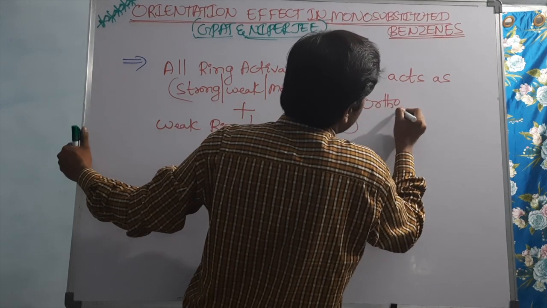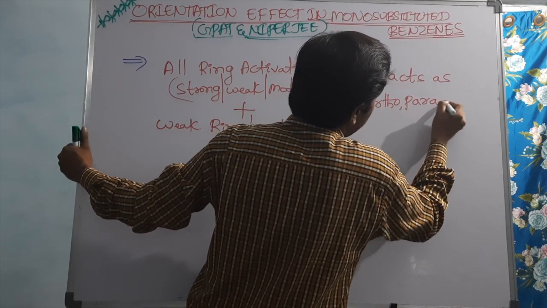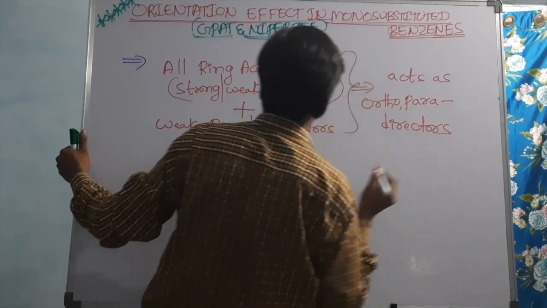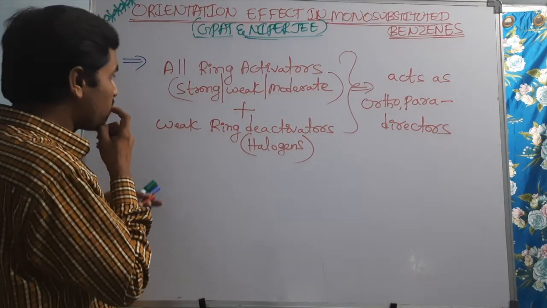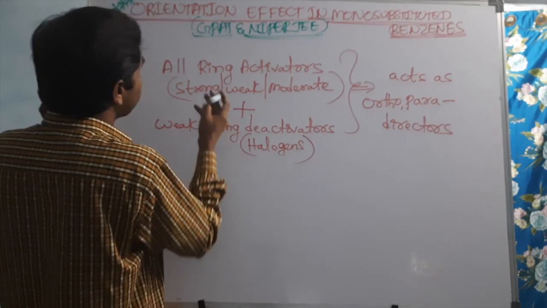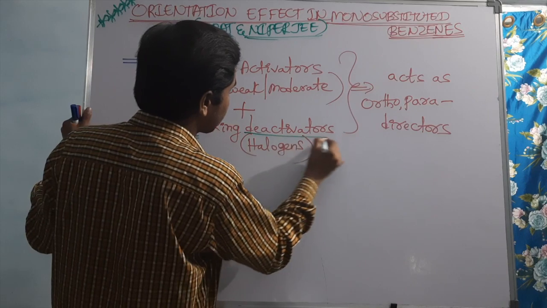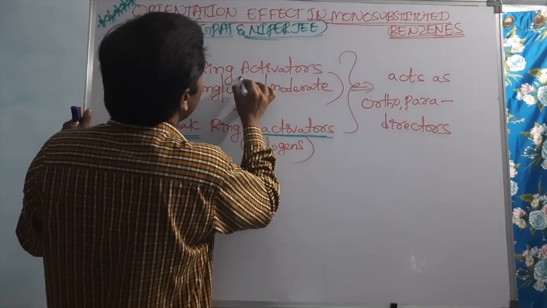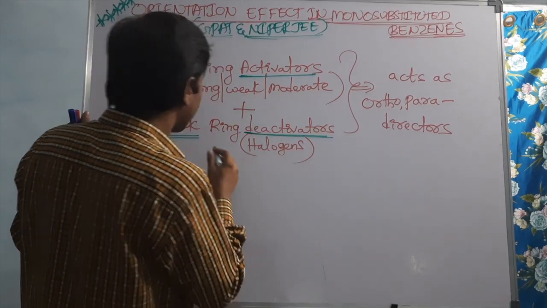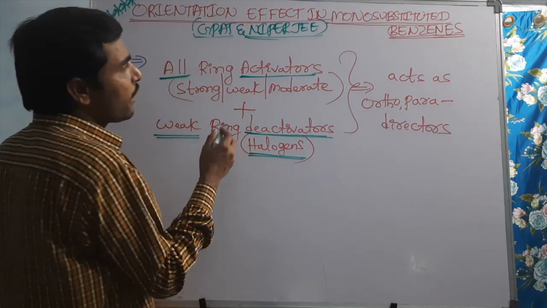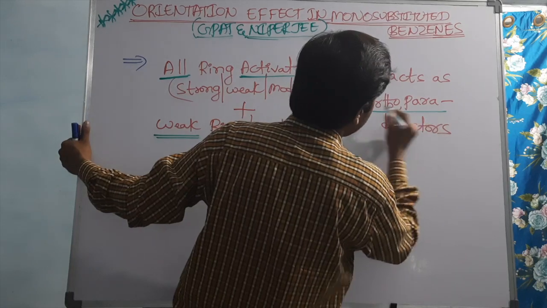That is a very important point. All ring activators and weak ring deactivators, that means halogens, can act as ortho para directors.